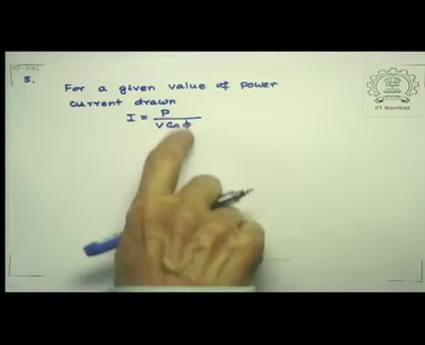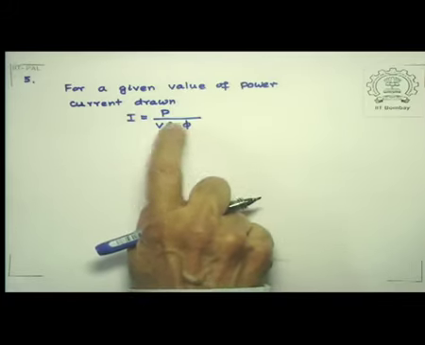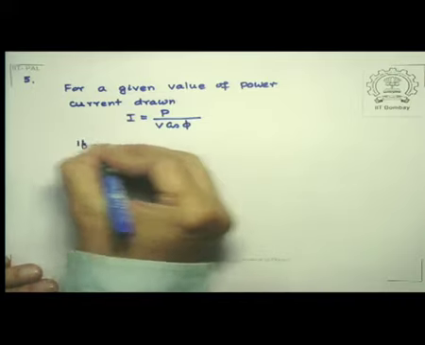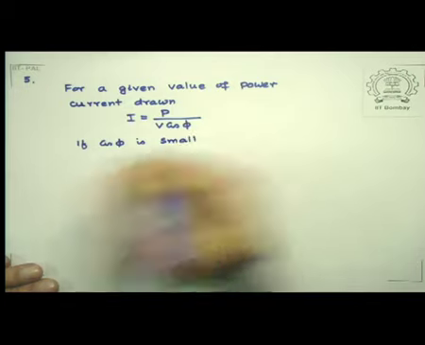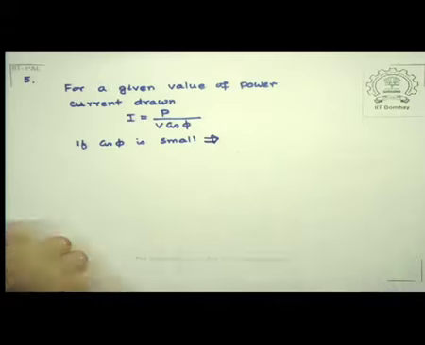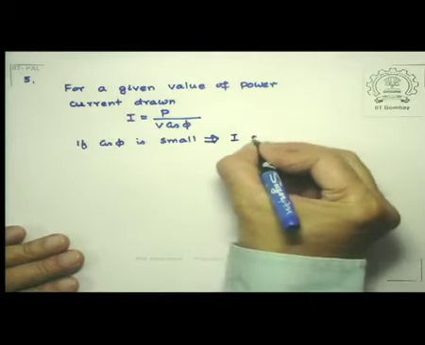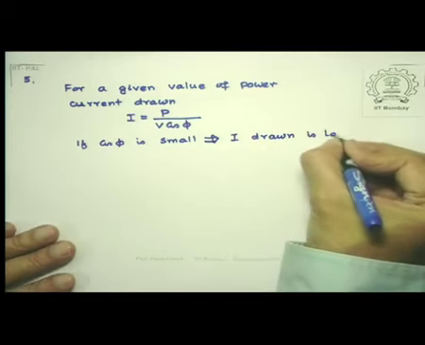Now, notice what happens. If the value of cosine phi is small, that is, if the power factor is small, this would imply that the current drawn by the circuit for a given true power, or the active power, is large. So, current drawn is large.